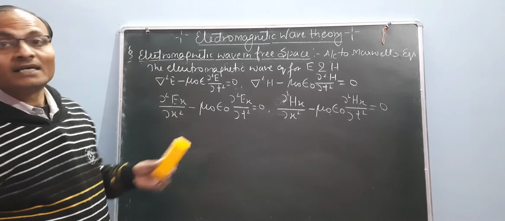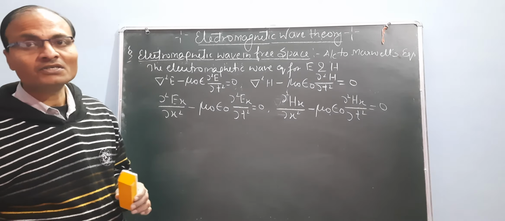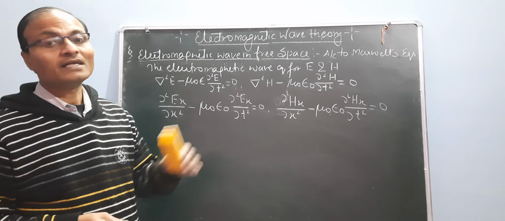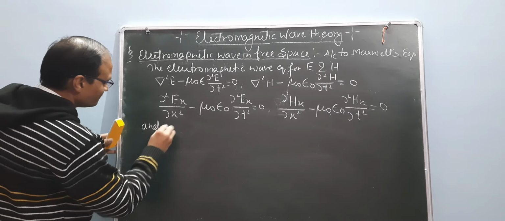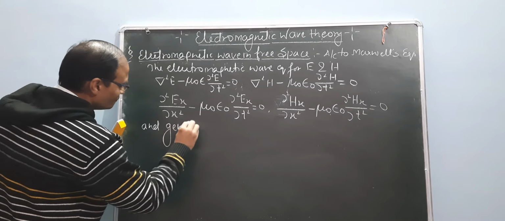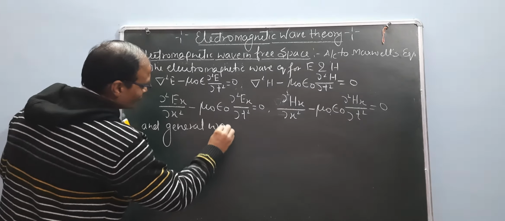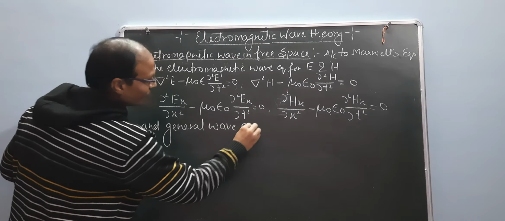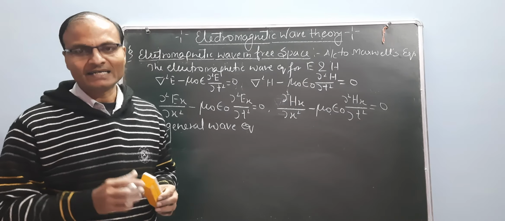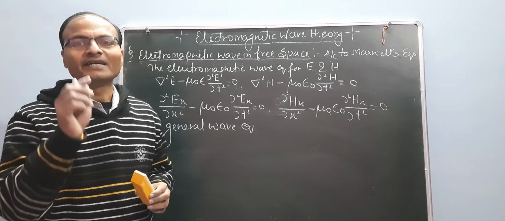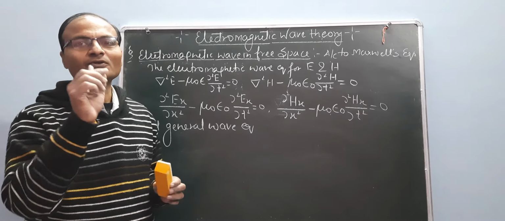And what is the general wave equation? You know it from the earlier sections. Del square y upon del x square minus 1 upon c square del square y upon del t square equal to 0.